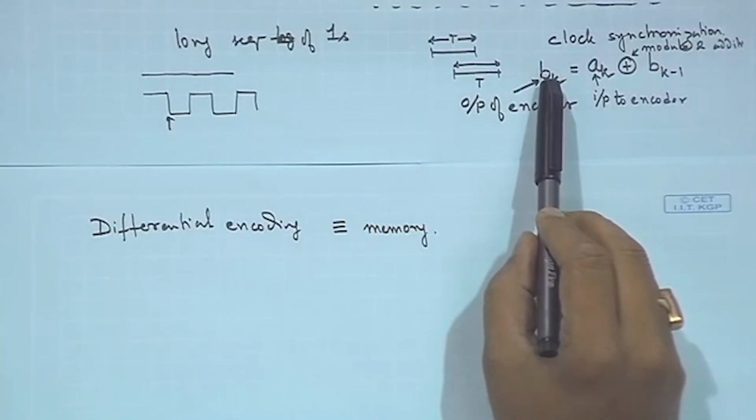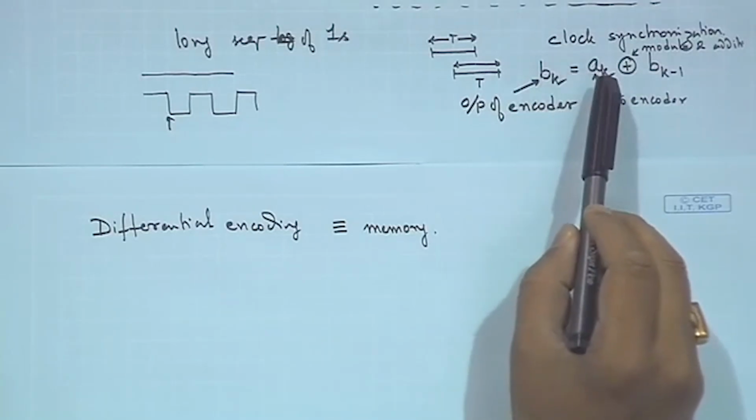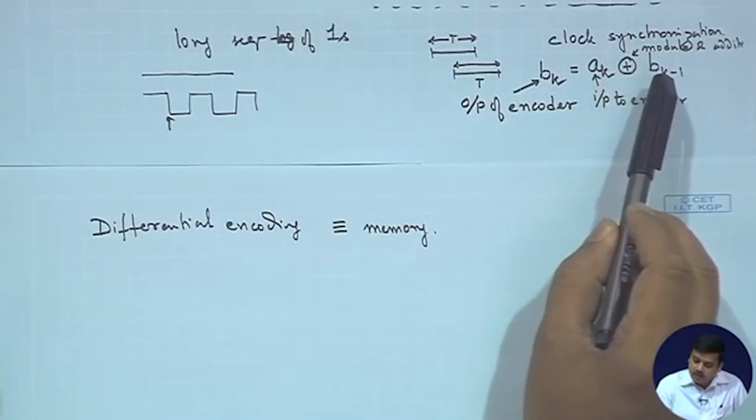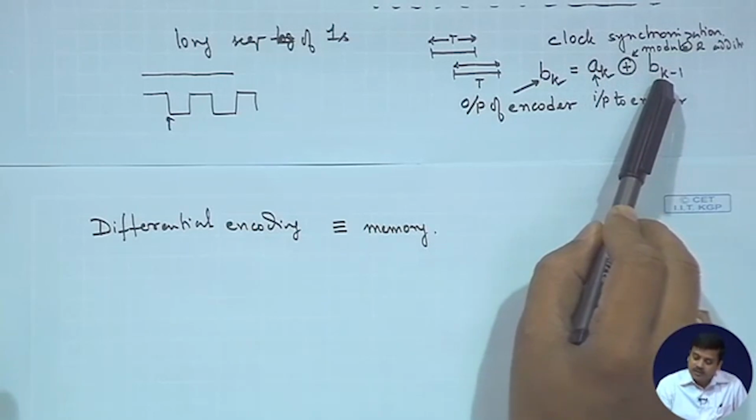So, we find the signal to be transmitted now is dependent upon the current input, of course, but it is also dependent upon the signal which has been transmitted in the past. And amongst various benefits, one is that it helps the receiver recover clocks by allowing more transitions, even if there is a long sequence of ones present in the sequence.